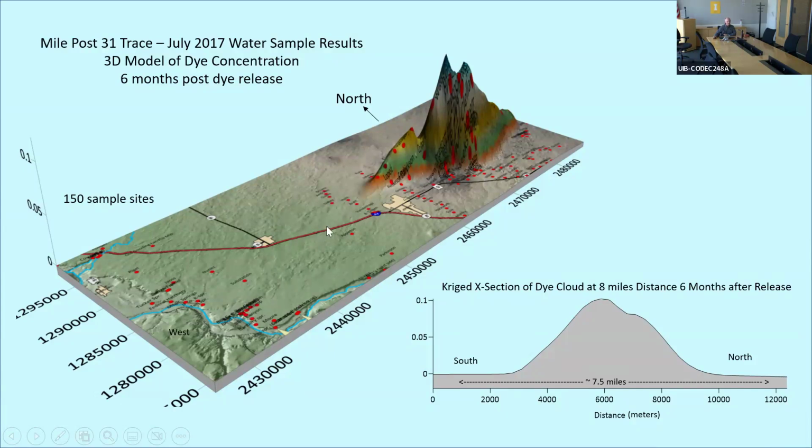So this is a 6-month post dye release time snapshot. If you use this travel velocity, you land in Box Canyon in another 6 months. So that's 1 year for the first arrival of dye. The caveat is, can you detect it?